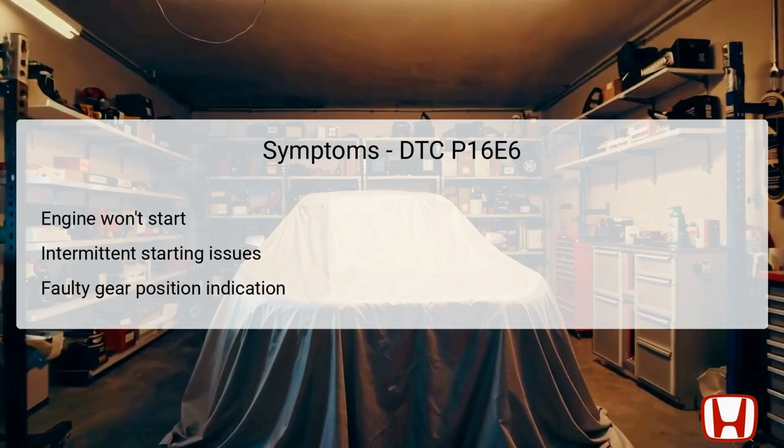The vehicle might start sometimes, while at other times it will not, leading to frustration and unreliable vehicle behavior. Furthermore, a faulty transmission range switch can cause incorrect indications regarding the gear position, which could mislead the driver into believing the car is in a safe position for starting, when it is not, posing a potential safety risk. Recognizing these symptoms early on can assist in swiftly diagnosing the problem and preventing further complications.